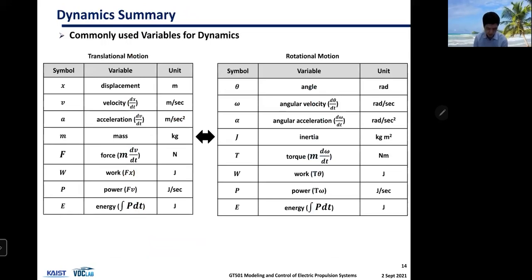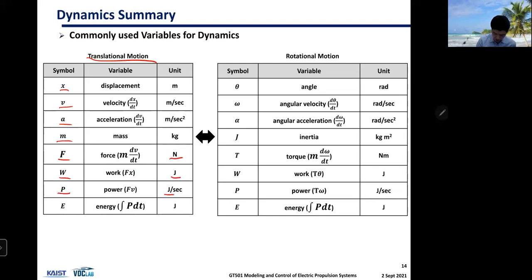And this slide summarizes commonly used variables for dynamics, and you should definitely get familiar with this. For translational motion, we have position, velocity, acceleration, mass, force, work, which is in joule, force is in Newton.